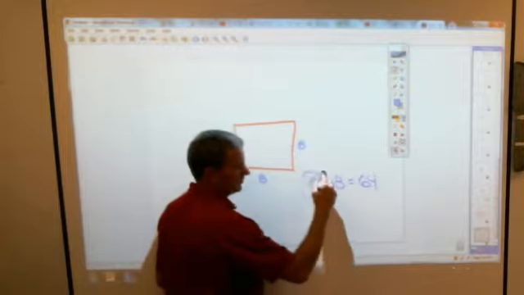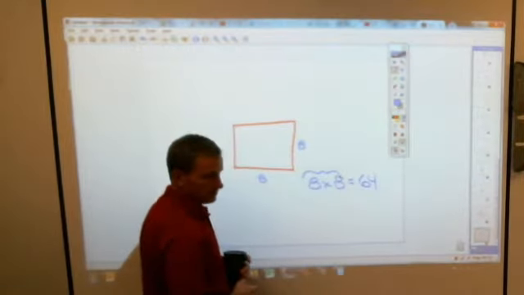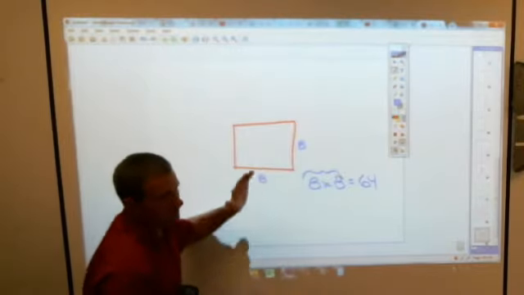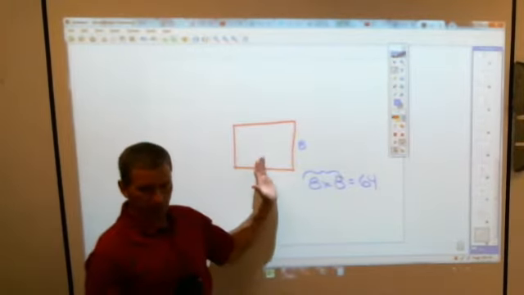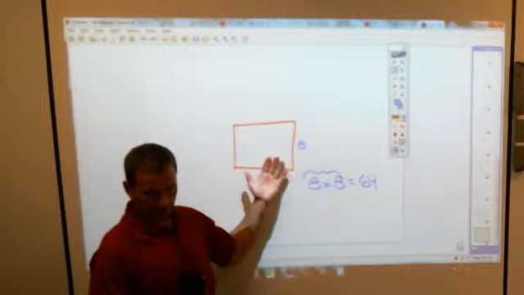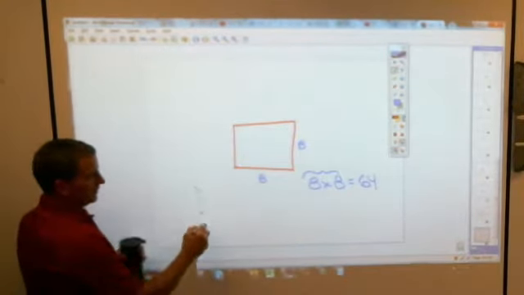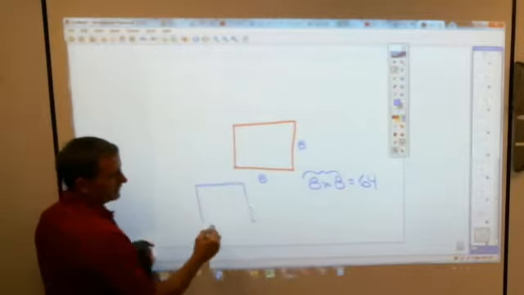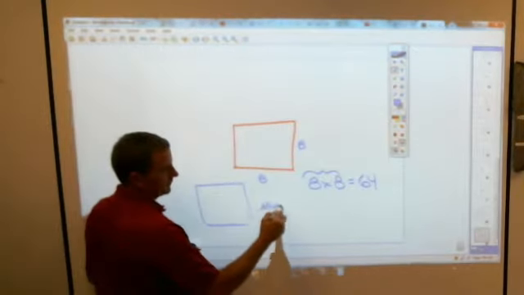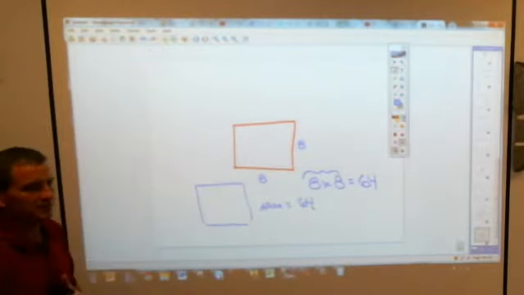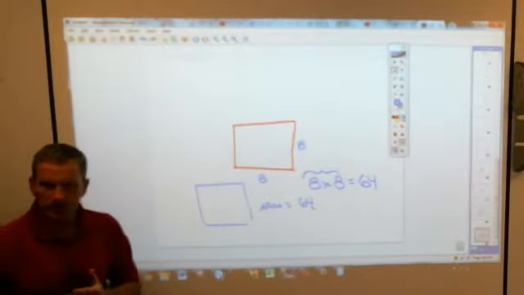Well, this is the same number times itself, is it not? Which means this: if instead of giving you the sides of the square, I gave you its area, here's my square, and I said its area equals 64, could you tell me how long the sides are?